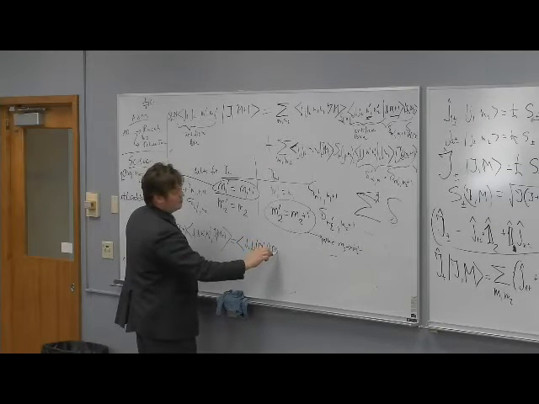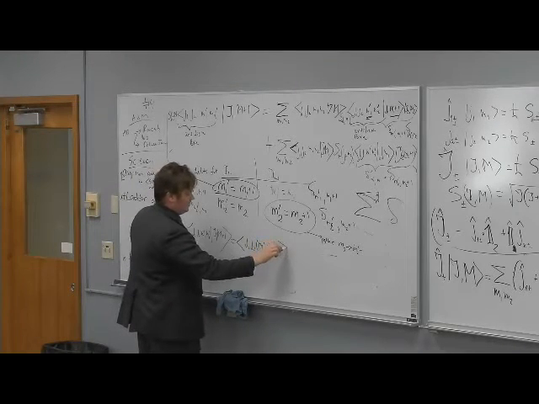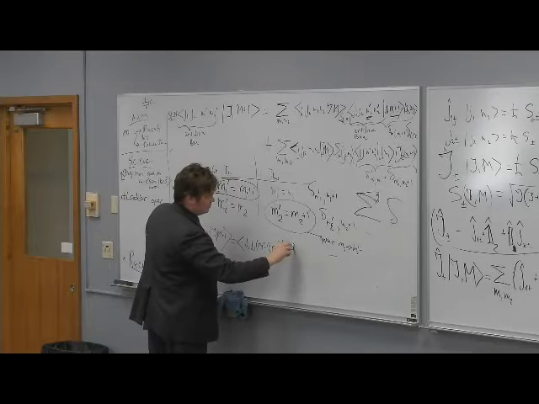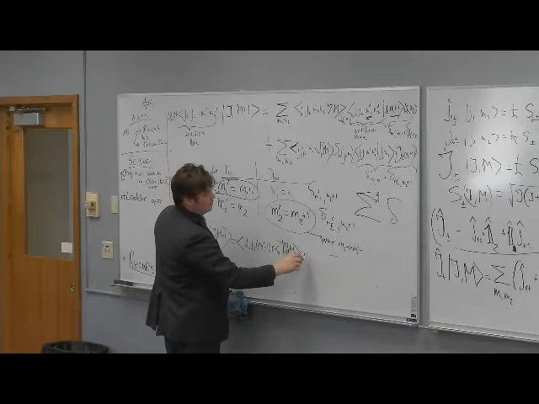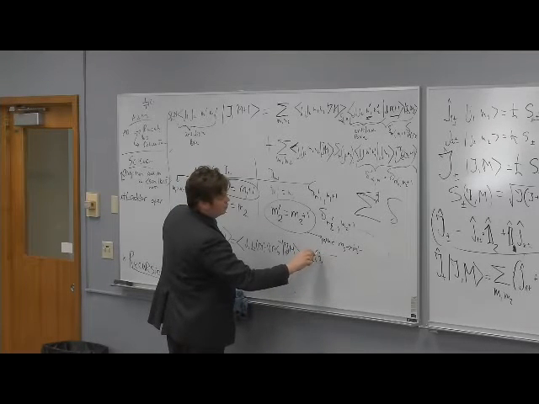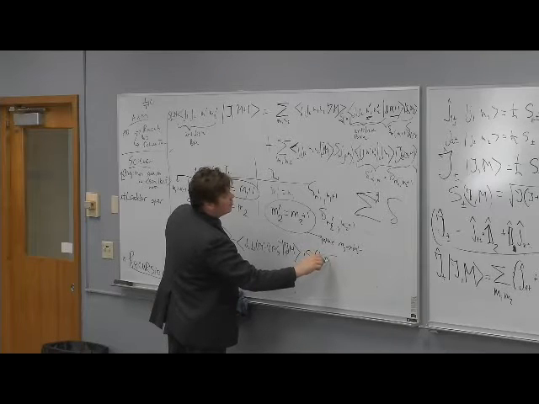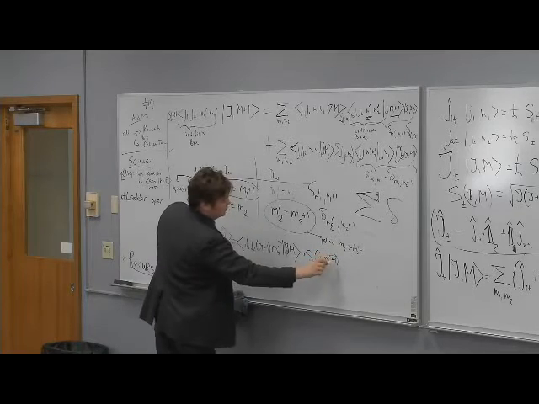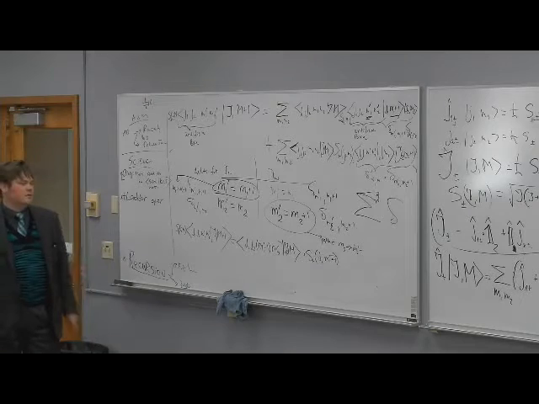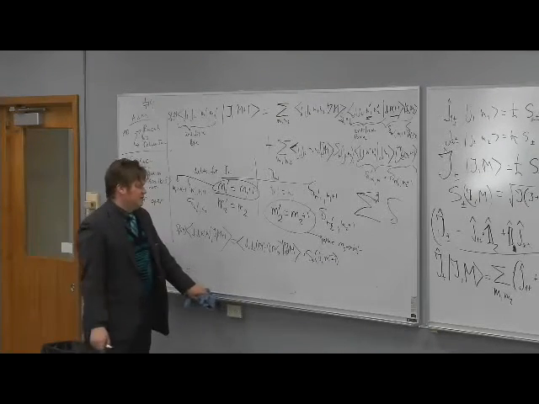Instead of M2, I'm writing M2 prime. Vertical line, J capital M capital. Times S plus of J1, M1 prime minus 1. We are done with the first term. So the wave functions and delta functions are removed. Now the second term.